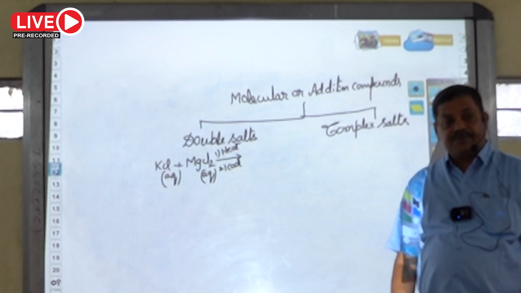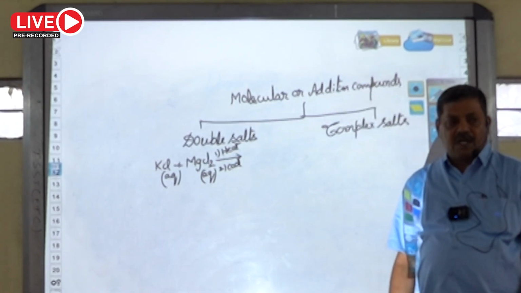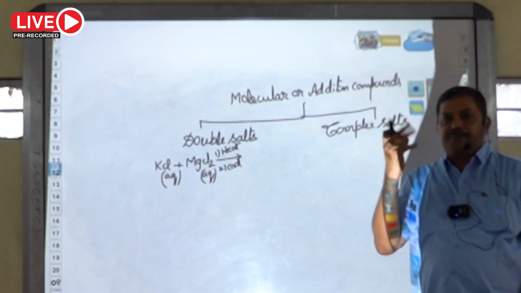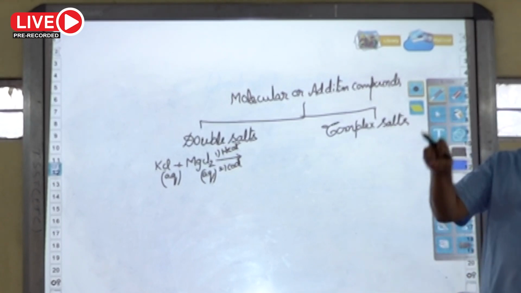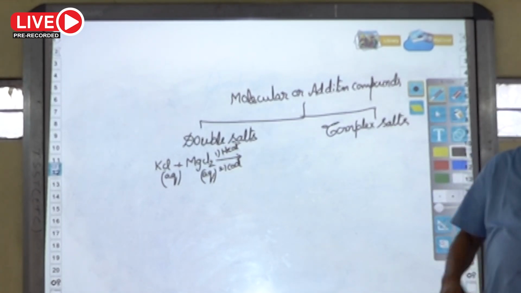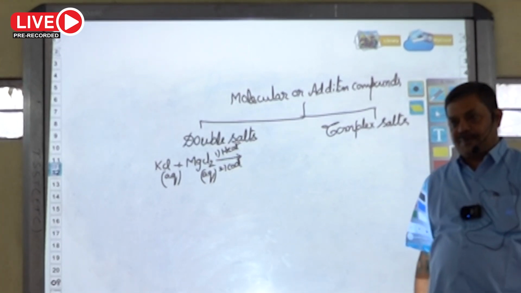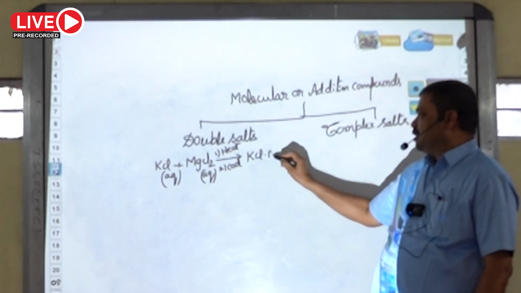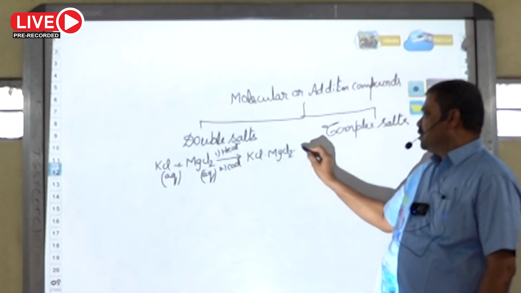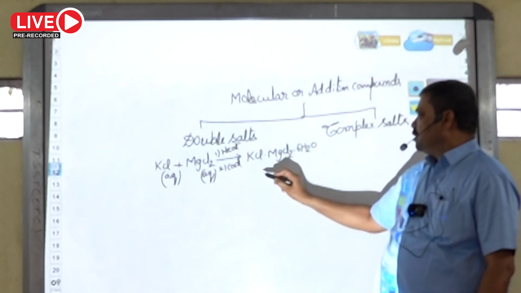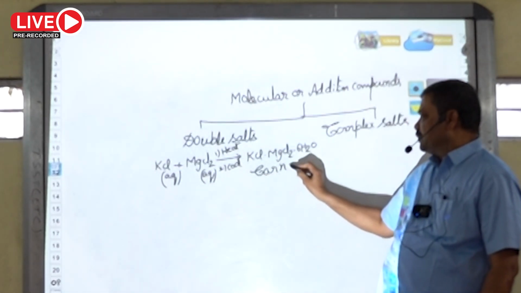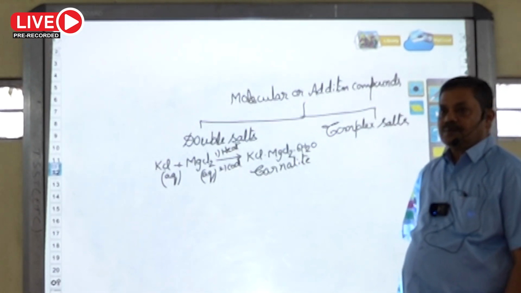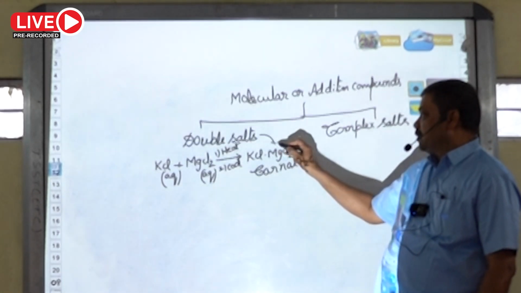On cooling this combined solution after heating, you will find new crystals being separated. If you put the test tube in a centrifugal machine and rotate, new crystals are separated. These new crystals are KCl.MgCl2.6H2O. It is called carnallite. And this is an example of double salt.